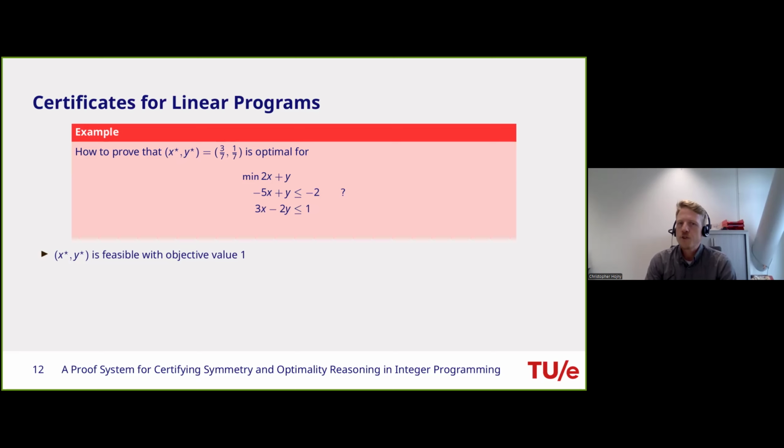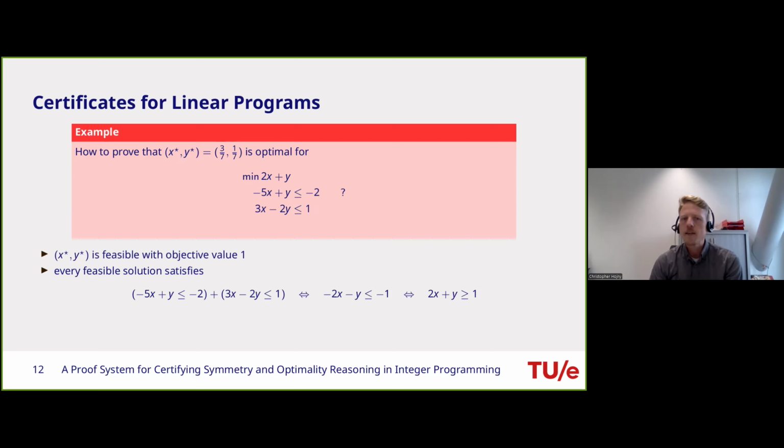And the next question is then, can I also find a lower bound that also takes value 1, such that I can convince myself that I indeed cannot find a solution that takes a value that is better than 1? This might look challenging at first glance, but actually in this case, it is rather easy, because I claim I can just aggregate the inequalities of my optimization problem to derive a lower bound on the objective value.